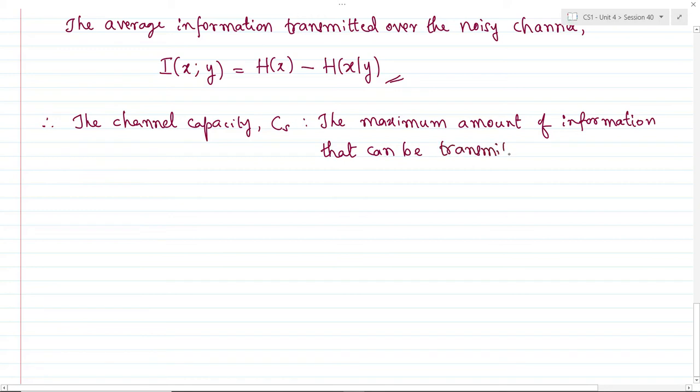Okay, so this implies CS is a capacity, channel capacity per symbol.